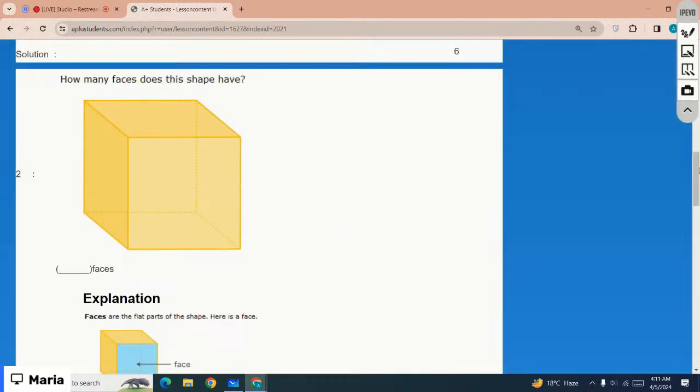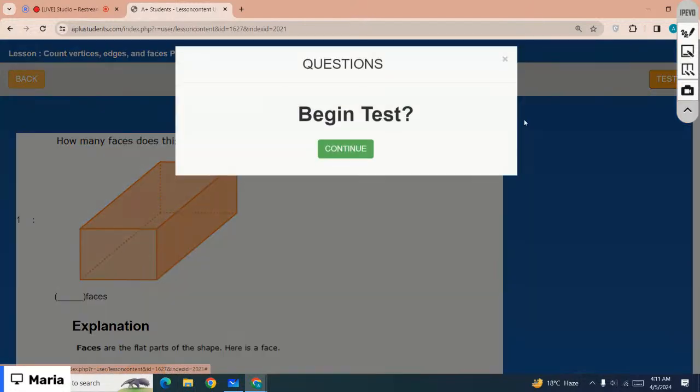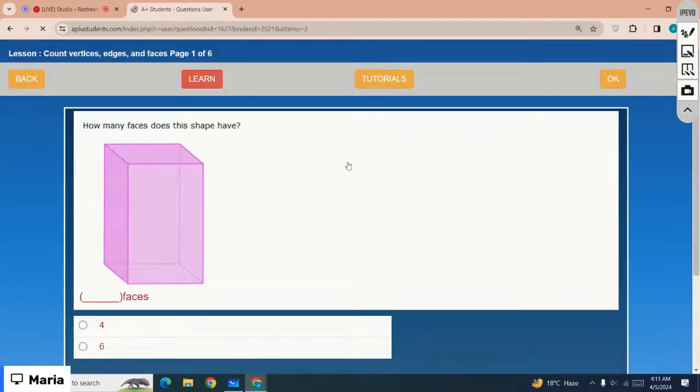Let's start with the practice questions. How many faces does this shape have? Which is the correct option?